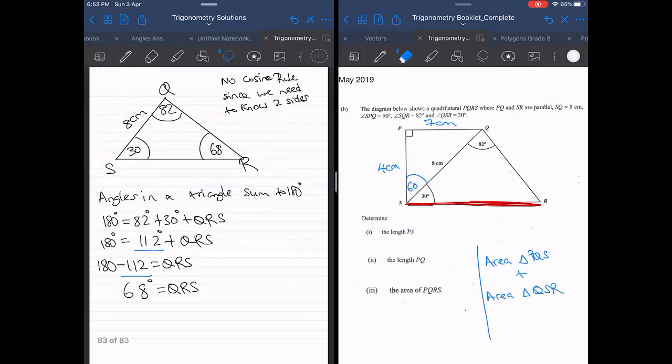Again, giving persons a chance to write off. Guys, very quickly, but already I can tell you that for your sine rule, we know this side and the matching angle, and we know this angle and we want that side.